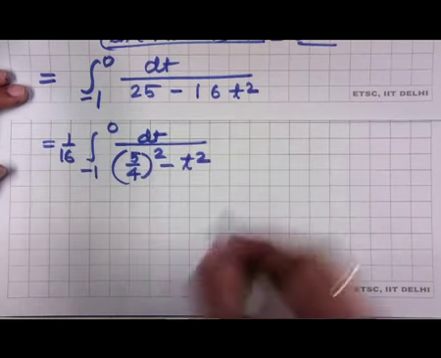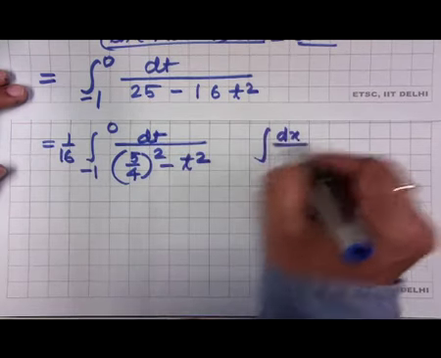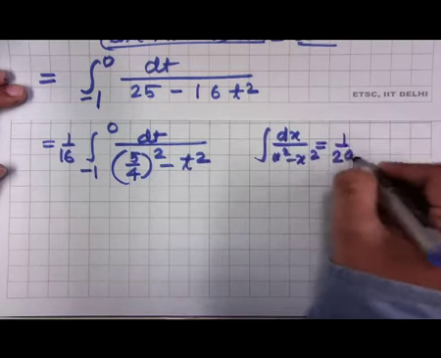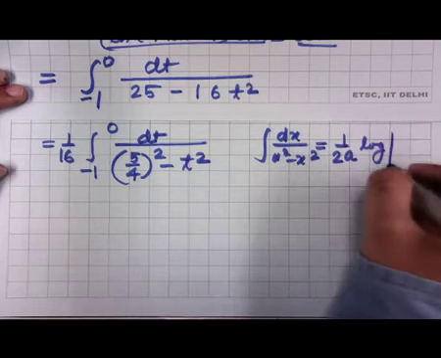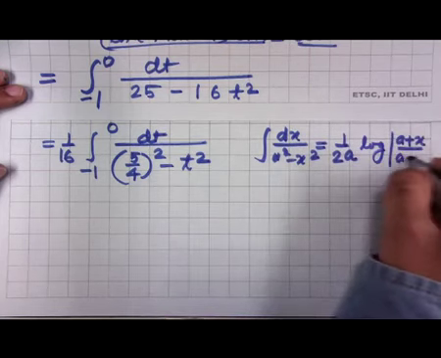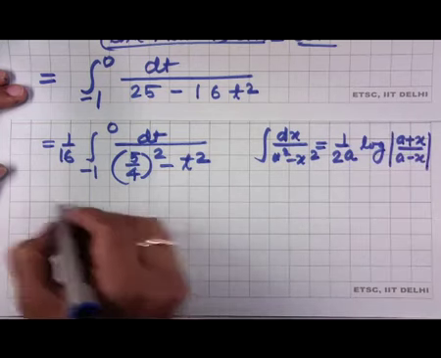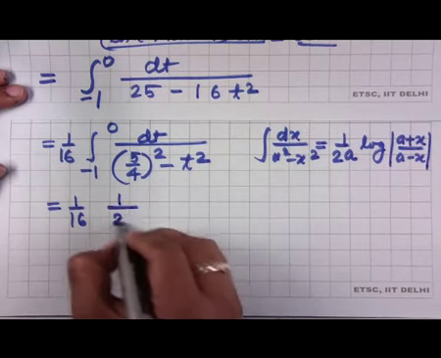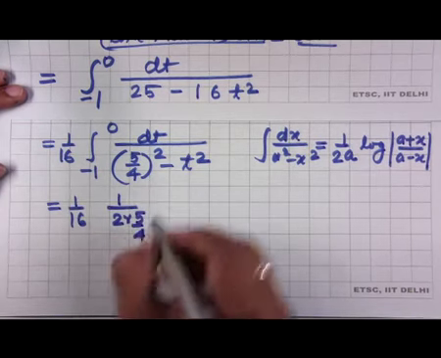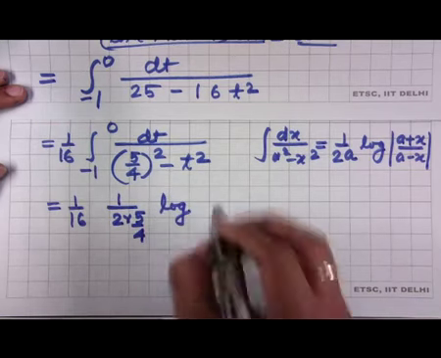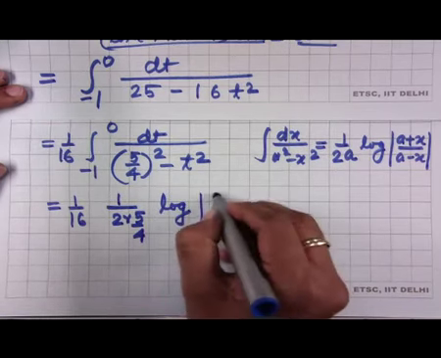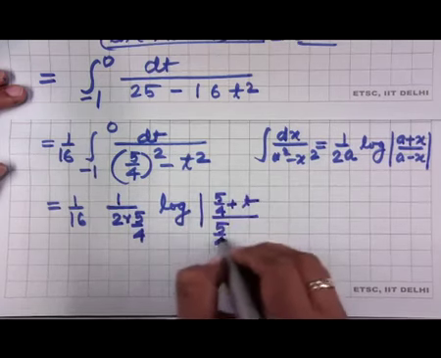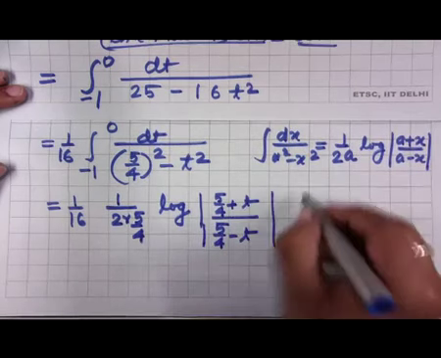Now using this formula, integral of dx by a square minus x square, you can write this value as 1 by 2a log of mod a plus x by mod a minus x. So therefore this is equal to 1 by 16, 1 by 2a is 5 by 4, log of 5 by 4 plus t on 5 by 4 minus t, from minus 1 to 0.